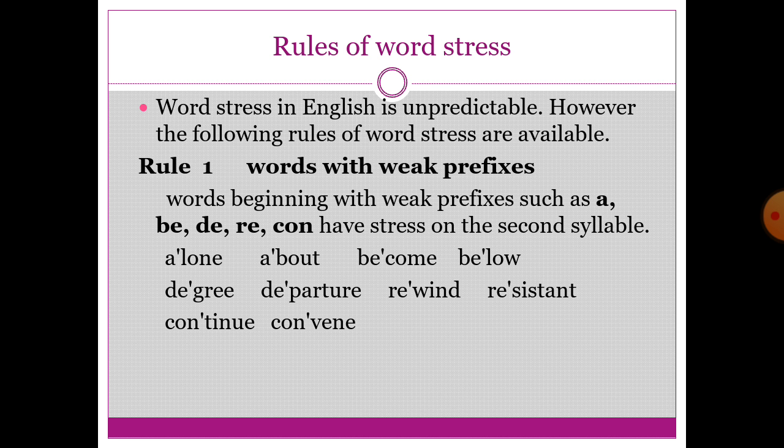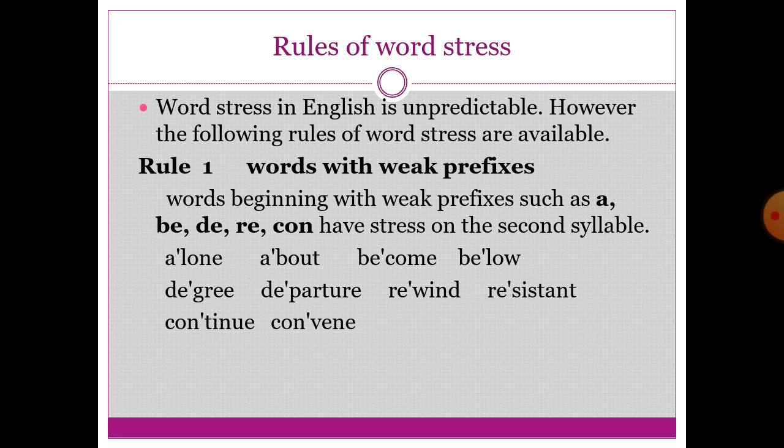Not only these words, I'll give you some more examples, like above. Here a is a weak prefix, so that's why above. Then beneath. So be is a weak prefix, so the stress is on neath. And you can look at some other words.